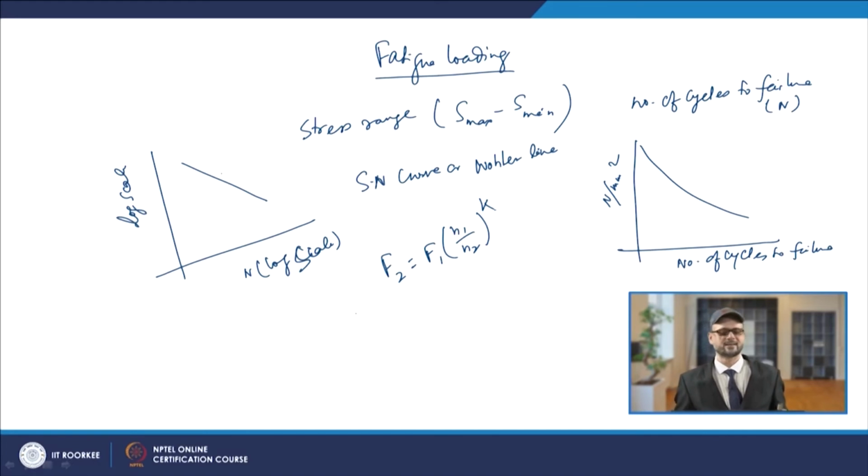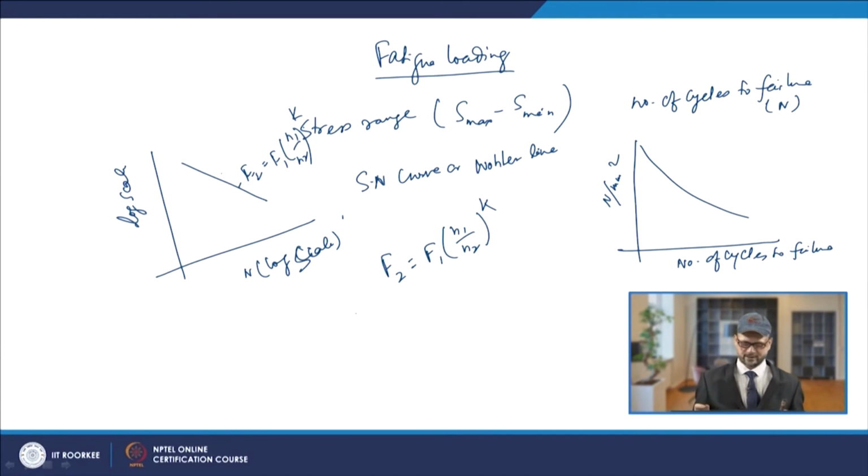So, this sloping line can be expressed in terms of this value. So, this line will be F2 equal to F1 into N1 by N2 raised to the power k.